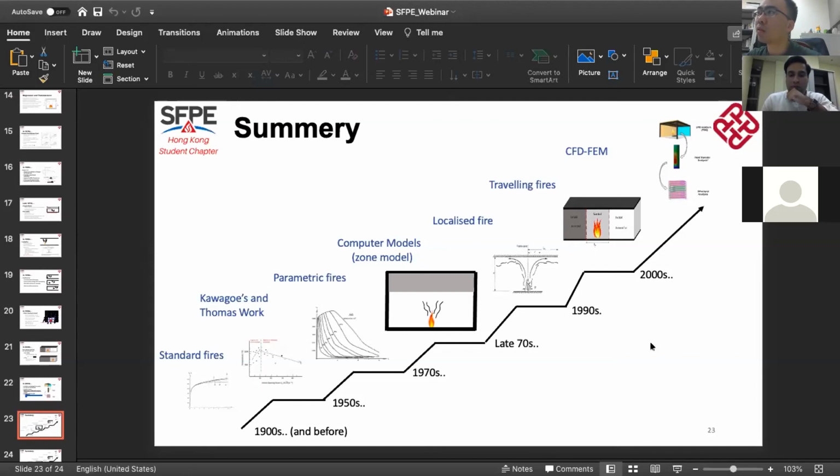This is a really nice chart and a good review. Thank you. Also moving from the traditional compartment fires to traveling fires, which is more realistic nowadays when we have large open office floors.